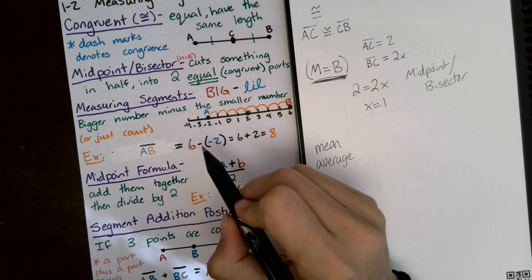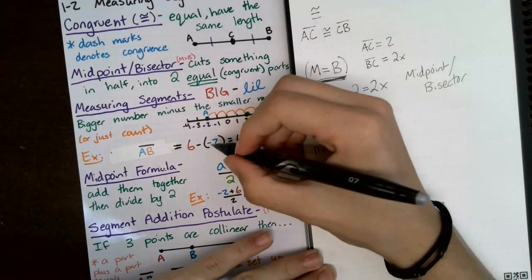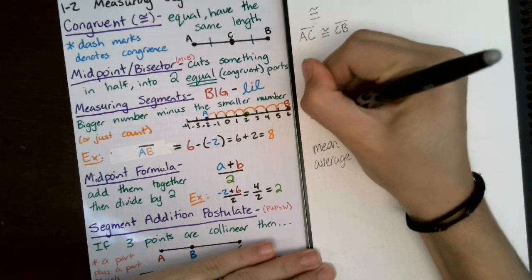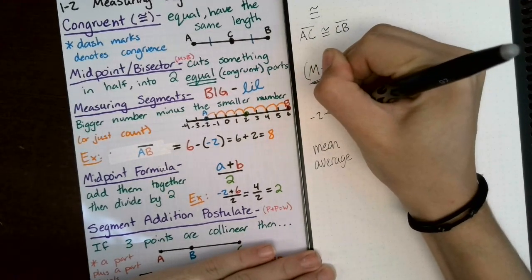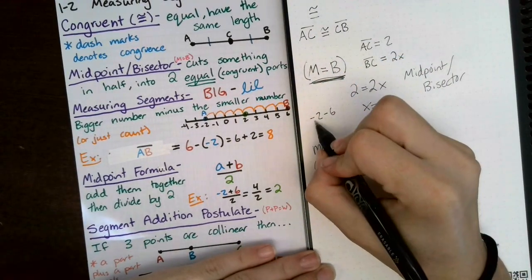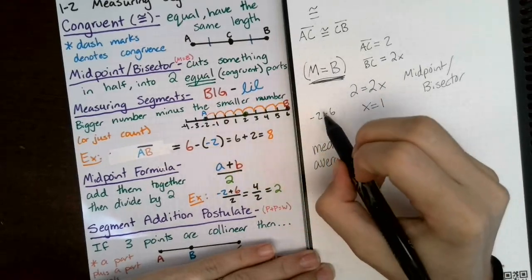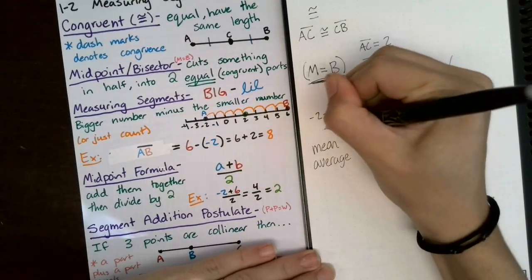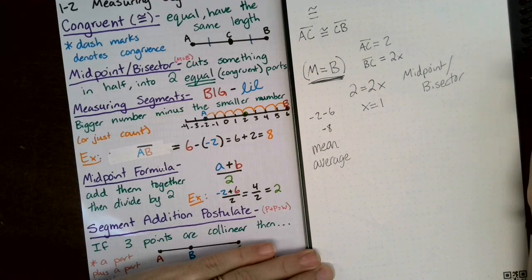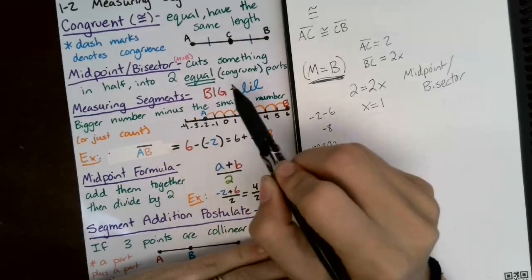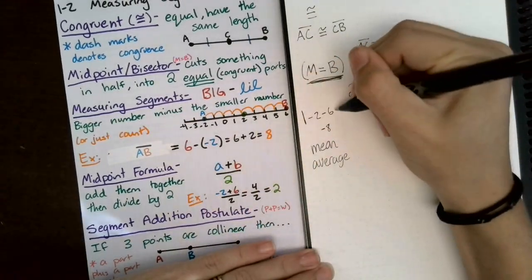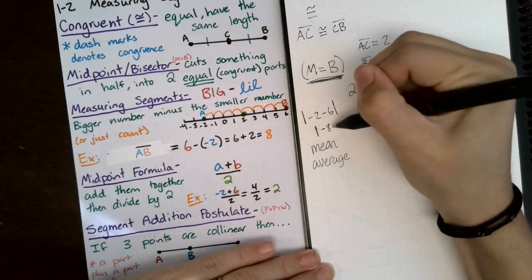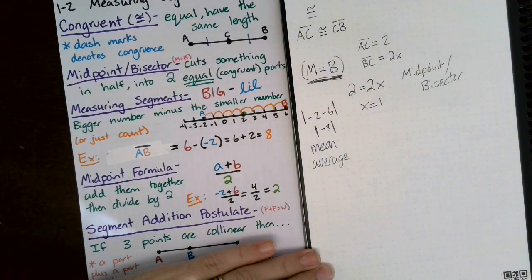And what I'm talking about with the big minus little, we could do little minus big, but it would have to be the absolute value of that. Because if I did -2 minus 6, I would get -8. Now, can distance ever be negative? No. So I would need absolute value symbols, if you've learned that in Algebra 1.